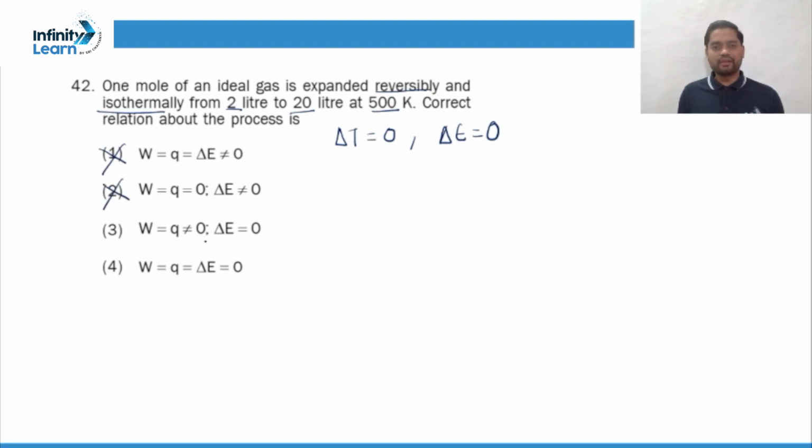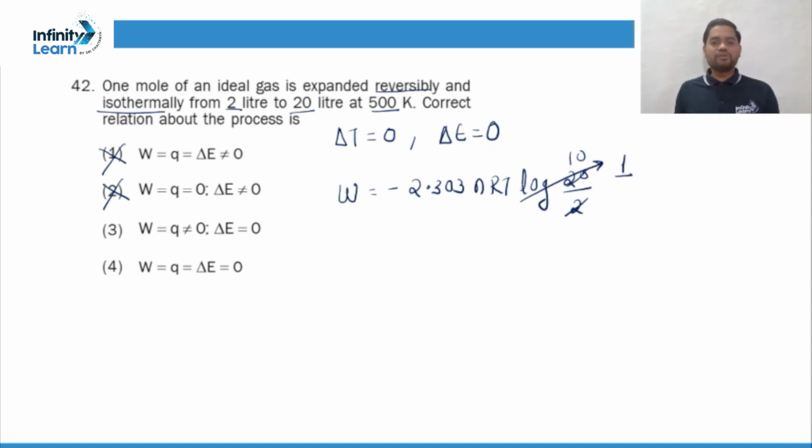There are two things. Okay. We know that for an isothermal and reversible process, work done is equal to minus 2.303 nRT log of V2 by V1. So V2 by V1 is 20 by 2, that is equal to 10, and log 10 is equal to 1. Since log 10 is not 0, this entire expression will not be 0.